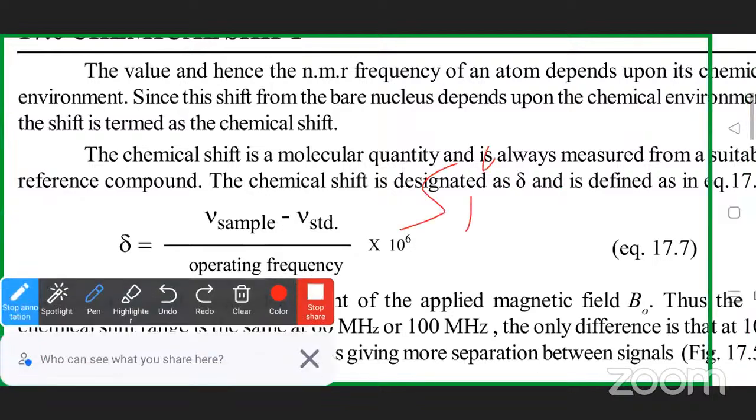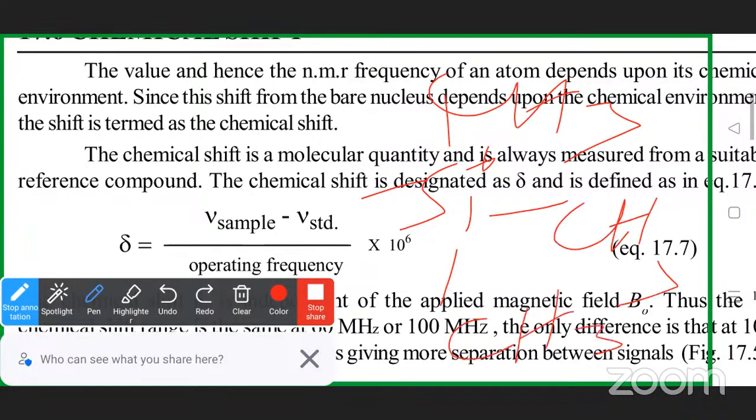Around this silicon, there are four methyl groups, where all the four methyl groups fall in the same chemical environment, because these are chemically equivalent, right? So you will get only one signal for this one.